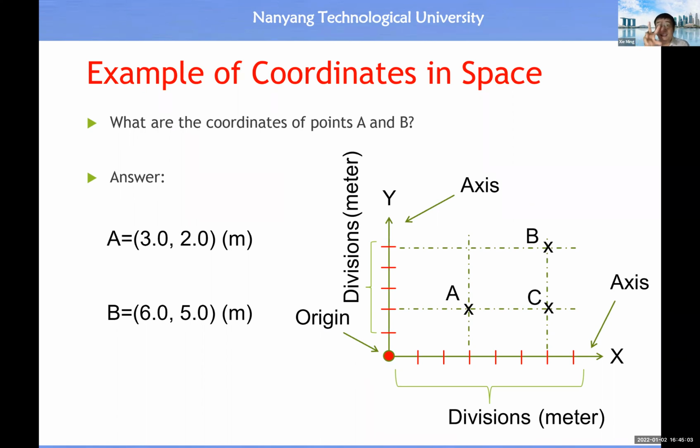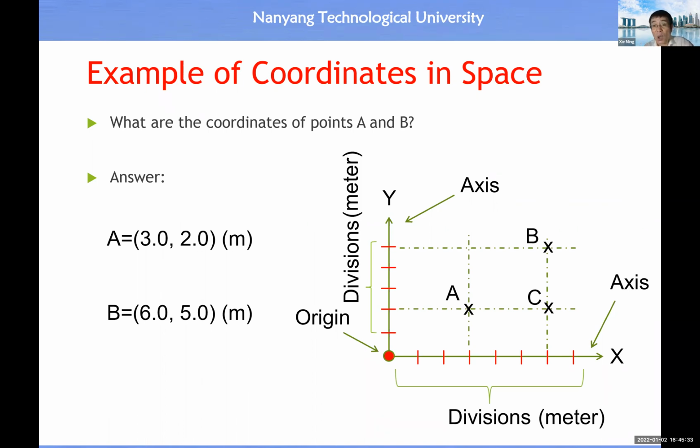These two distances are called the x coordinate and the y coordinate. For example, what should be the x coordinate of point A? The distance from A to the origin along the x-axis is 1, 2, 3. The distance from A to the origin along the y-axis is 1, 2. Therefore, the coordinate of point A should be (3, 2) meters.